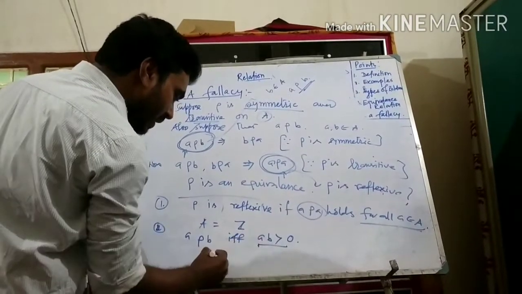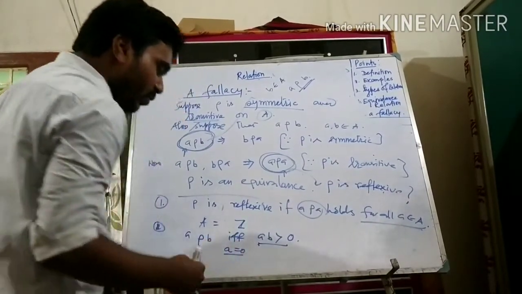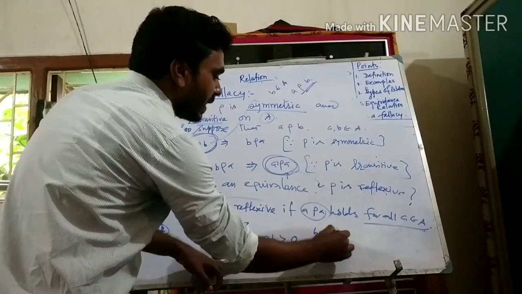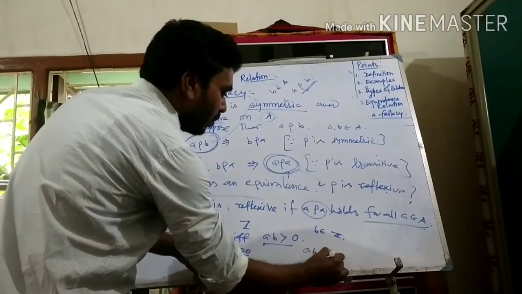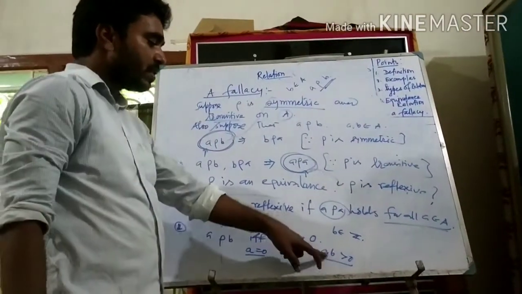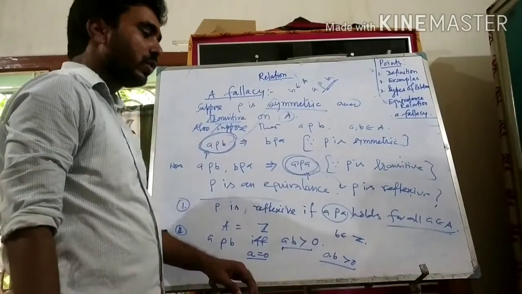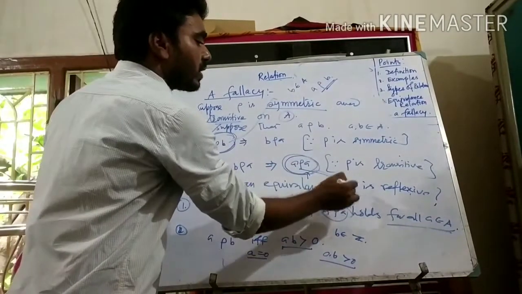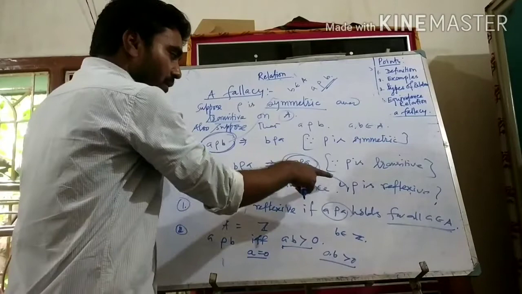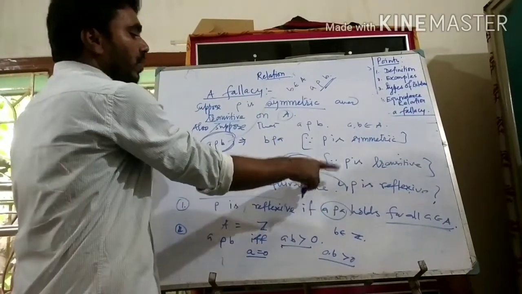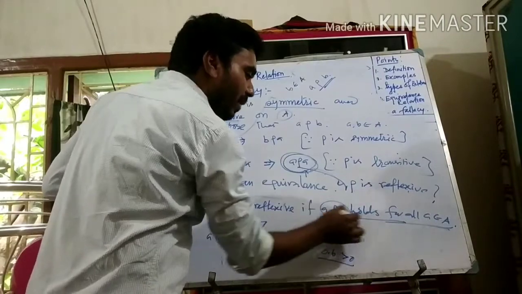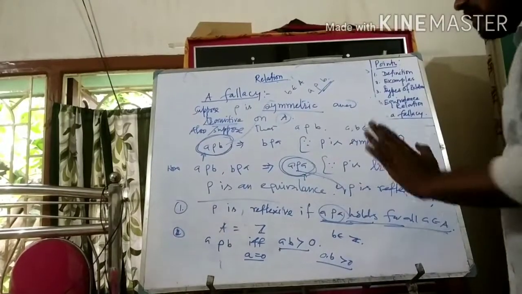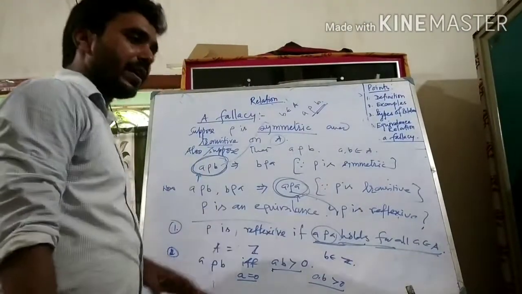And for this relation, if we take A equal to 0, then we cannot get any element B belonging to Z such that the product of 0 and B will be greater than 0. So from this we cannot say that rho is reflexive. Rho is reflexive only when this happens for all A belongs to A. It may seem so, but this does not hold in general.